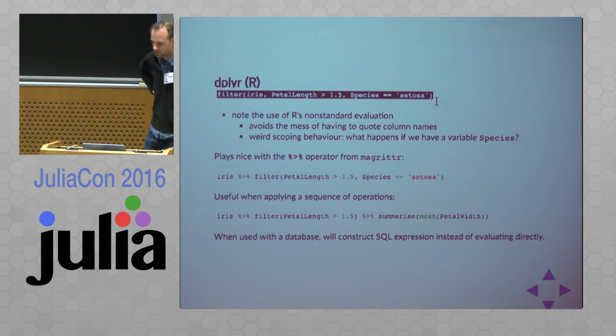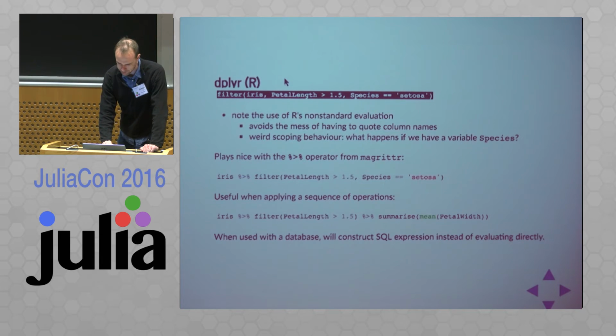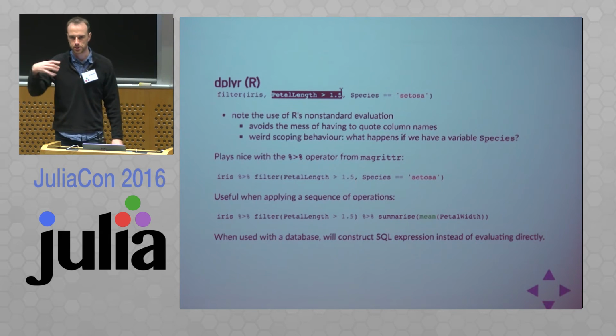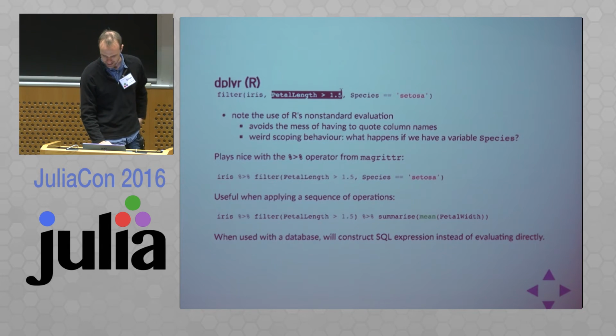It looks a bit awkward because it uses heavily what R calls non-standard evaluation. Basically it evaluates this expression in the context of the data frame itself, not in the scope it's in. So this is quite useful because you don't need to quote column names or do other awkward things. But it does give you very weird scoping behavior.